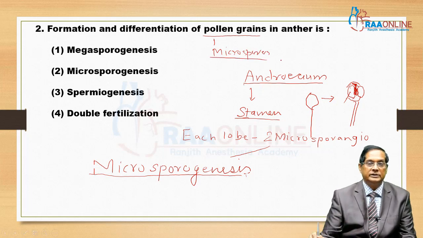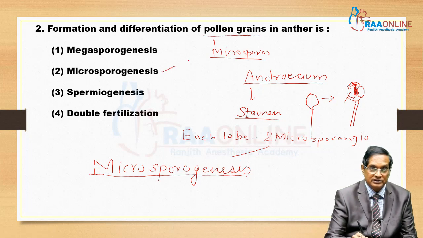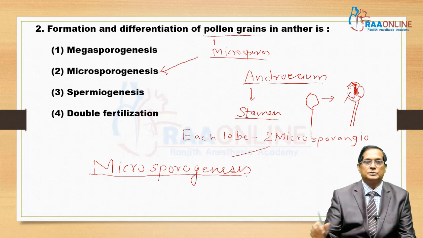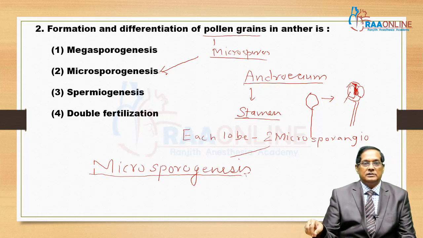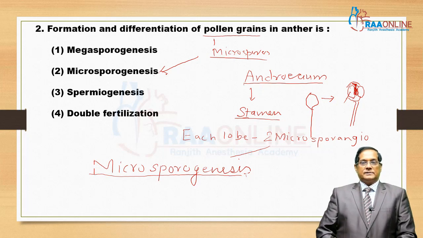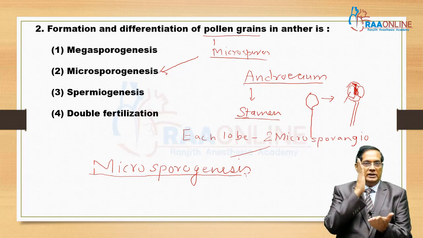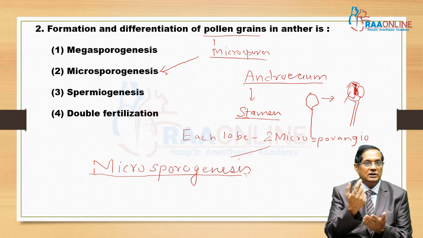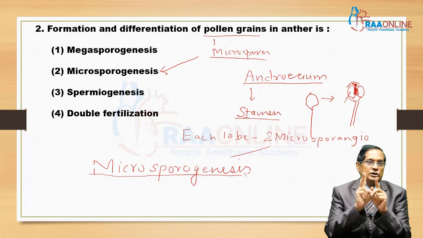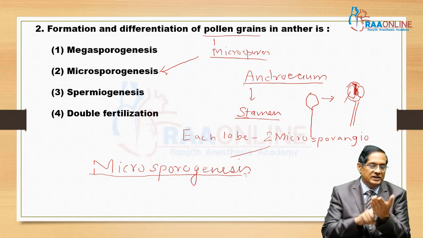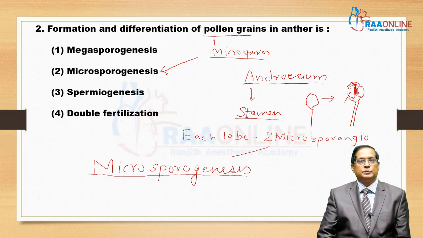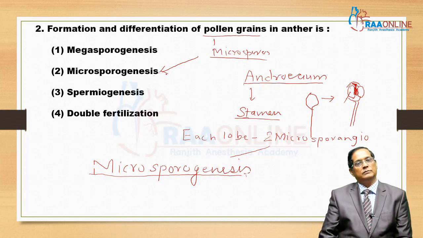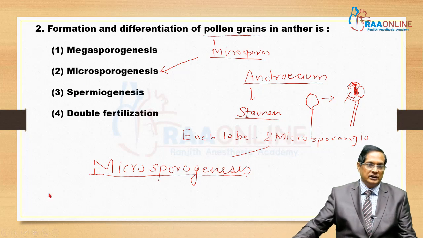They are produced in the anther by the process of microsporogenesis. So microsporogenesis takes place in the flower, in androecium, in the stamen, in the anther. The anther has 2 lobes and each lobe has 2 microsporangia, and within the microsporangium microsporogenesis takes place, resulting in the formation of pollen grains or microspores. So the answer to question 2 is right here.